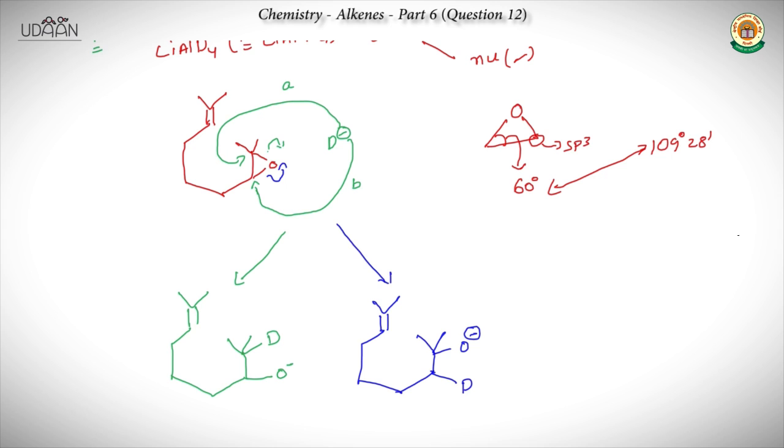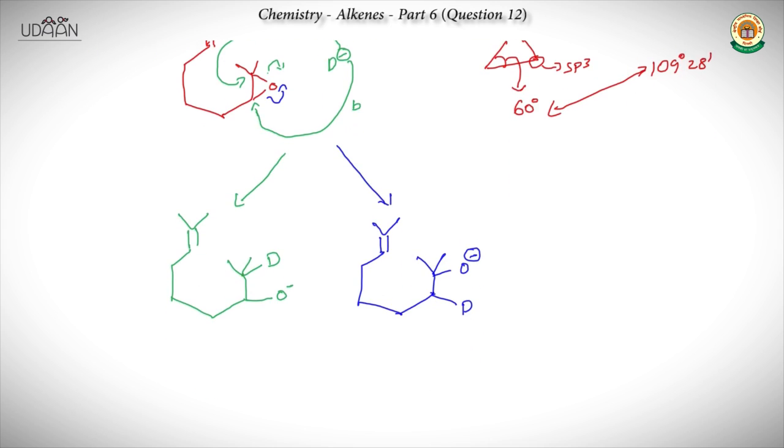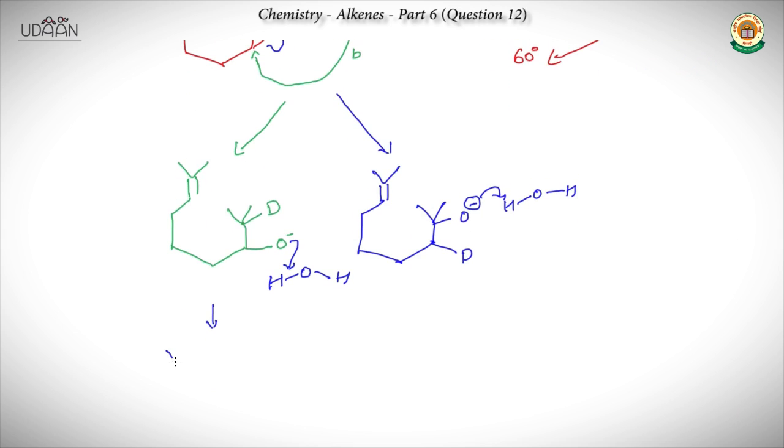O minus. Now next thing is we have water in the mixture, so this takes H from water and you will end up getting this compound. Yeah, this one, two methyl groups and OH, and for here you will get these two things, OH here and D here.